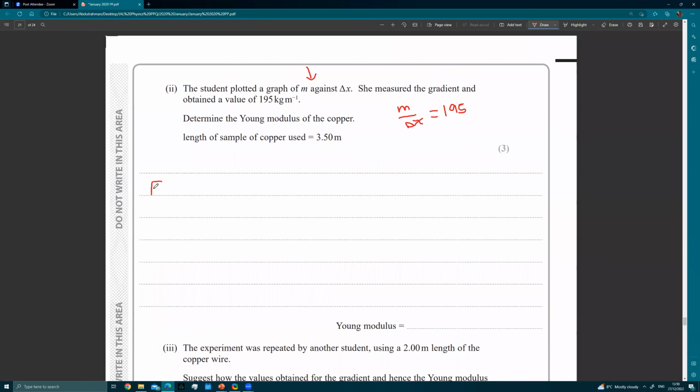Well, Young's modulus is stress over strain. Stress is force over area. Strain is extension over the length. So what you could do is multiply the ones further apart and the ones closer apart to get one fraction, which is force multiplied by the length over the area multiplied by the extension.